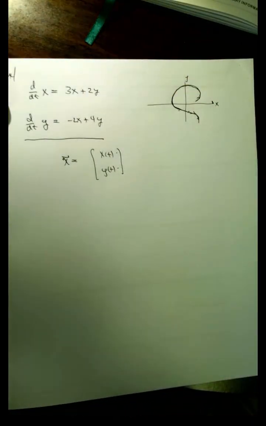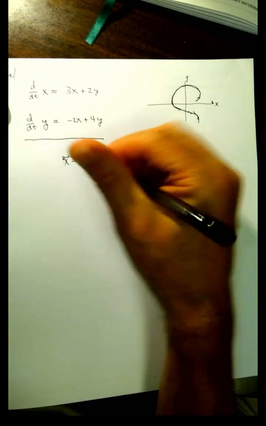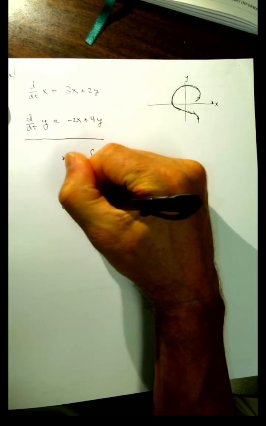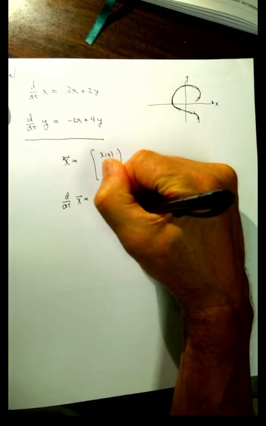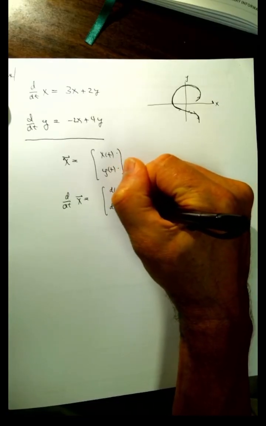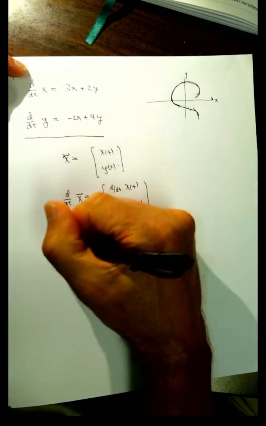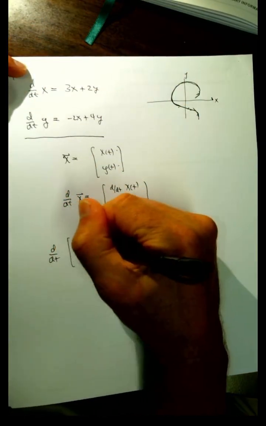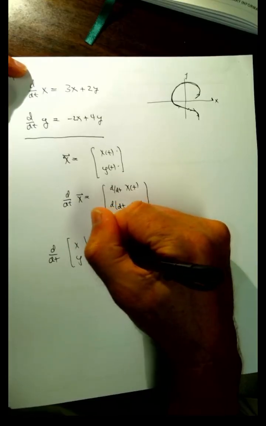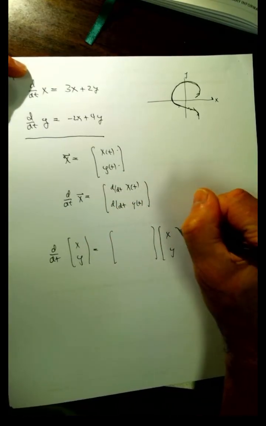So to be able to write this in a matrix vector form is going to turn out to be a very powerful idea. And we're going to define the derivative of a vector to just be the derivative of each component. So this system here now is going to be the derivative of x and y. And my state is xy.